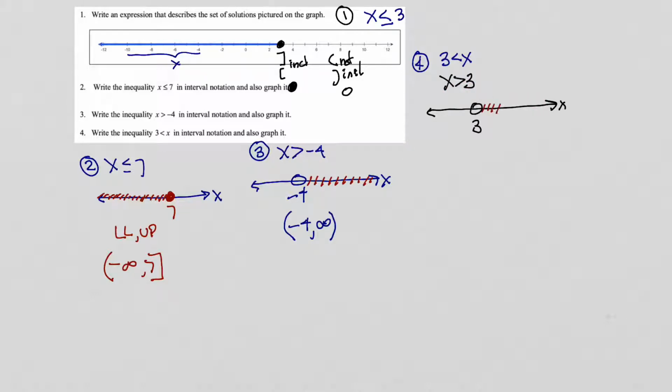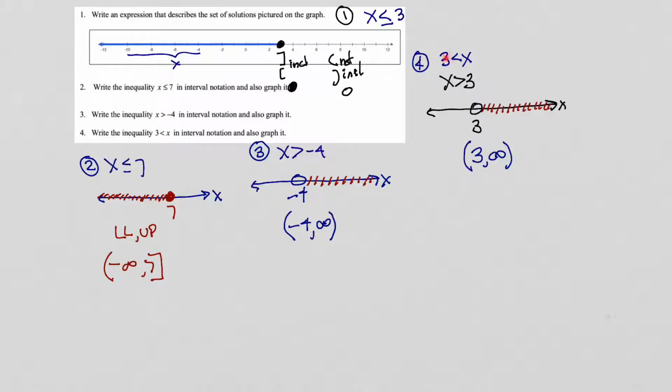So here's our graph. And then in interval form, interval form has lower limit, upper limit. So 3 is the lower limit. The upper limit just goes off to infinity, right? 3 is not included, so parentheses. Parentheses always around infinities.